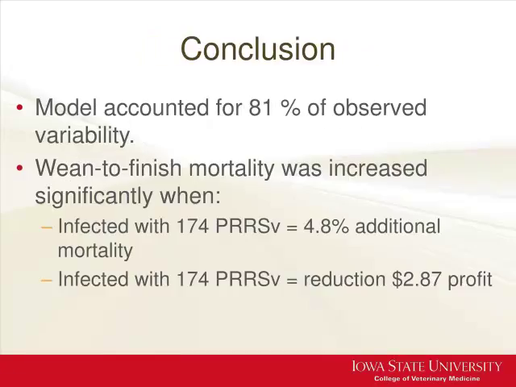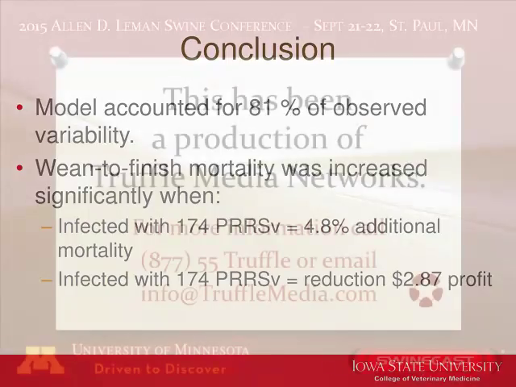So as a conclusion, the model accounted for 81% of the observed variability, and wean-to-finish mortality was increased significantly when infected with 174 PRRS, with 4.8 additional mortality, which was also associated with a reduction of $2.87 of profit in those closeouts that we followed.